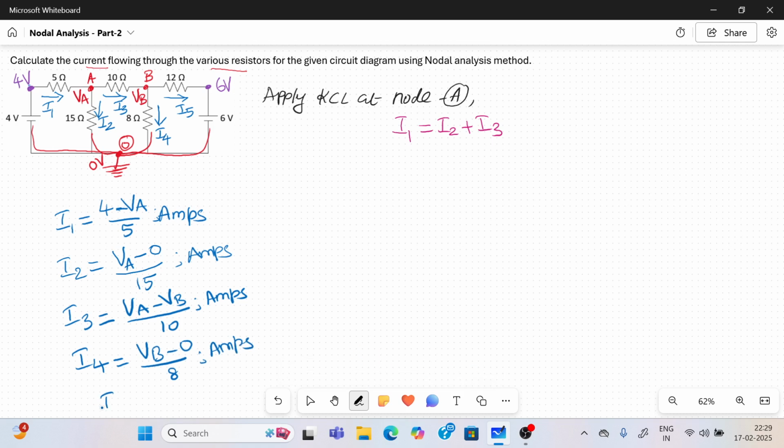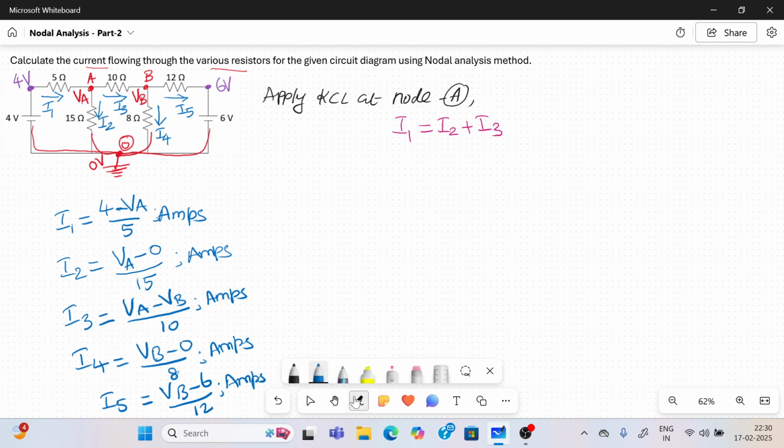Next, we go for I5, the current flowing through the 12 ohm resistance. I5 starts at point B with voltage VB and ends at 6 volt. So VB minus 6 divided by 12 amps.